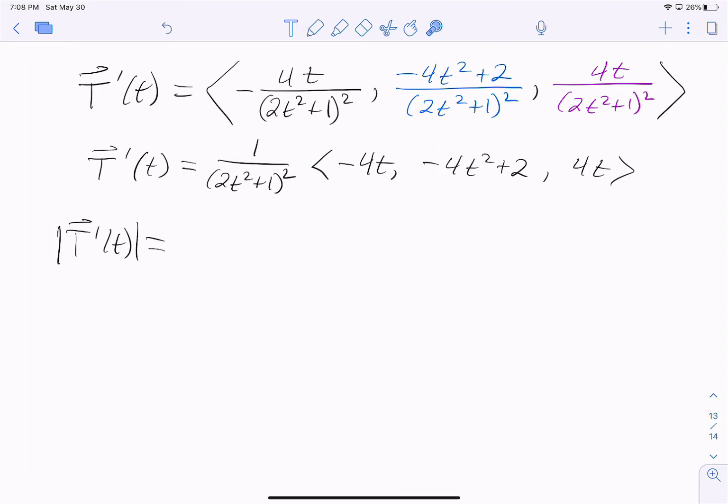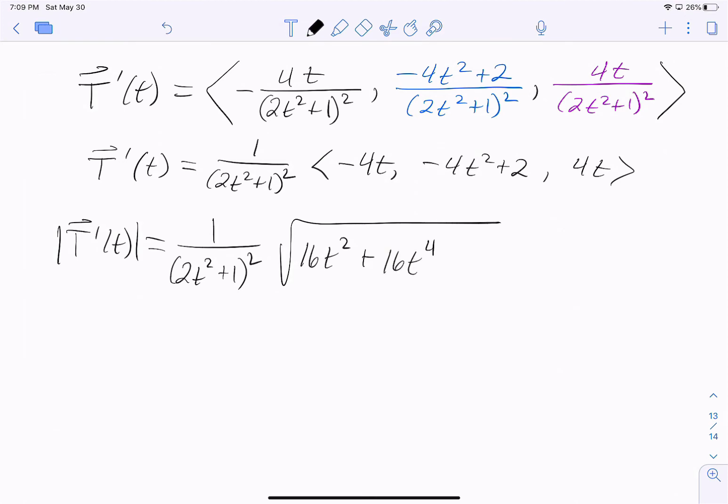Remembering that the magnitude of a vector that has a multiple is the multiple of the magnitude, this 1 over 2t squared plus 1 quantity squared is going to be out front of our magnitude. Our magnitude is going to be 16t to the fourth minus 16t squared plus 4.